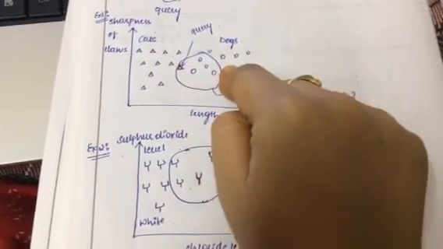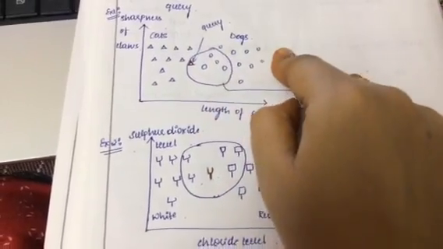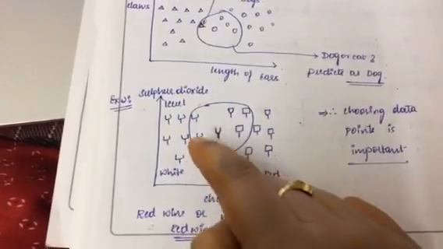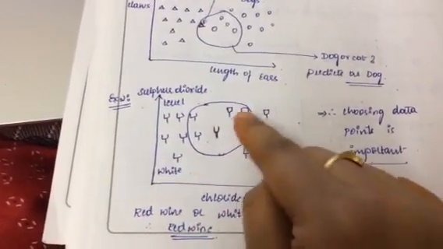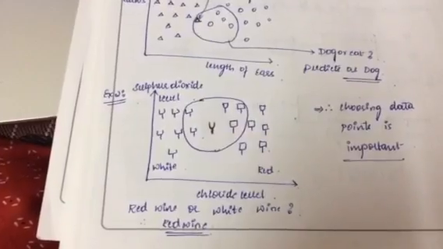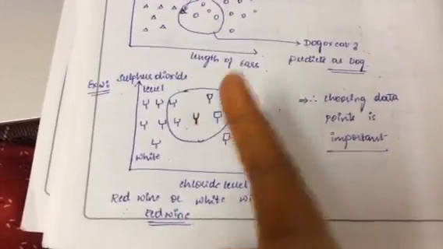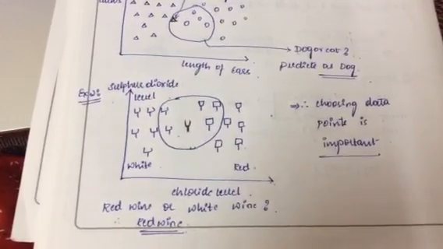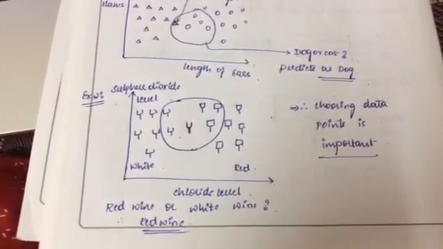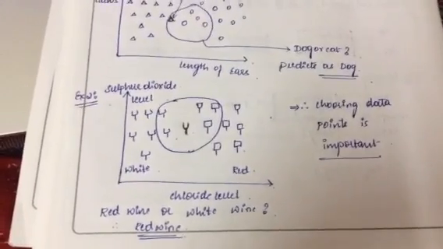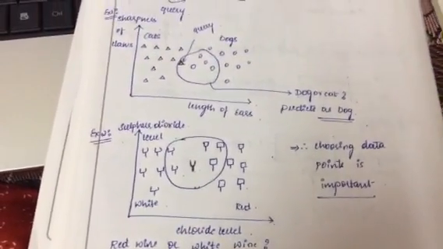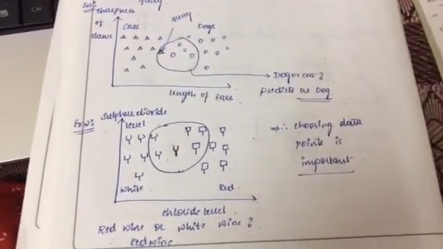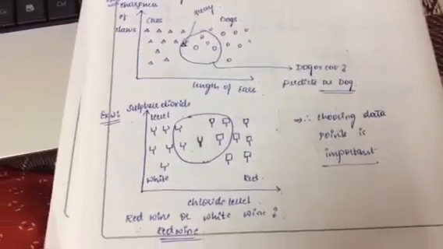Suppose you have a maximum of circles, then you say it belongs to a dog. The same thing I have written here. Two data points are white wine and 3 data points are red wine. Since 3 data points are red wine and it is the maximum, I'll say the data point is a red wine, but actually it is a white wine. So the main criterion in KNN is choosing the k factor. Now let's see an example of how to choose the k factor.